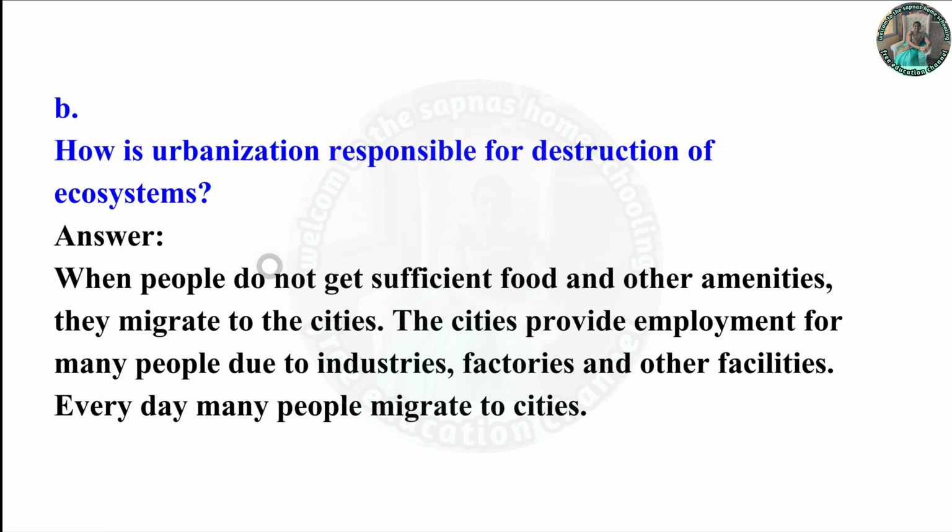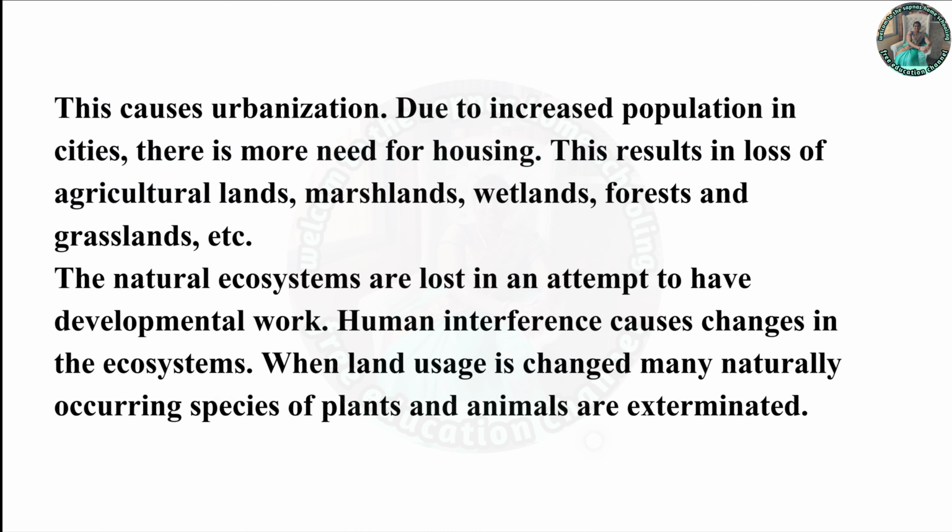Question B. How is urbanization responsible for destruction of ecosystem? When people do not get sufficient food and other amenities, they migrate to the cities. The cities provide employment for many people due to industries, factories, and other facilities. Every day, many people migrate to cities. This causes urbanization due to increased population in cities.